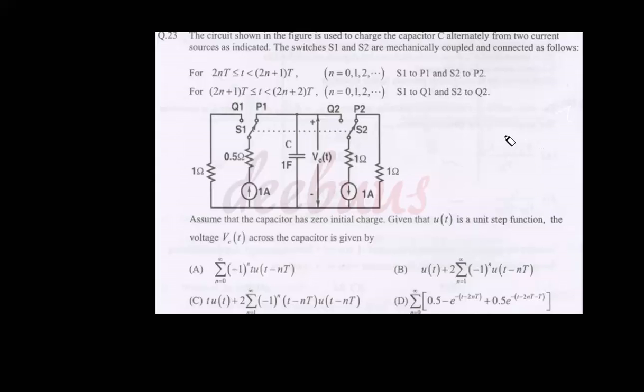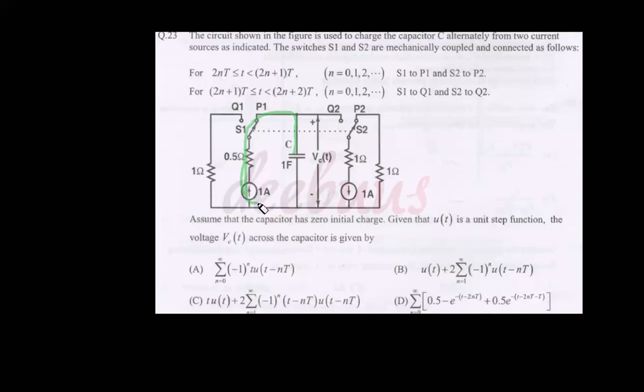The question being lengthier, a capacitor is charged in two ways. In the first way, the capacitor is charged as in this figure, that means when the switch S1 is moved to P1 and switch S2 is moved to P2. During the first case, the capacitor charges using this 1 ampere.